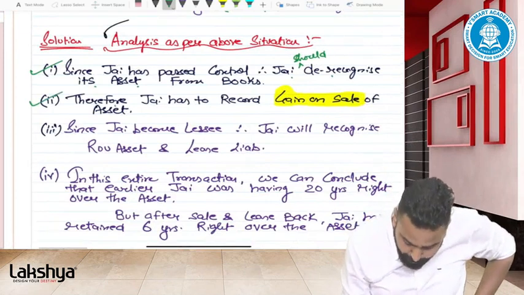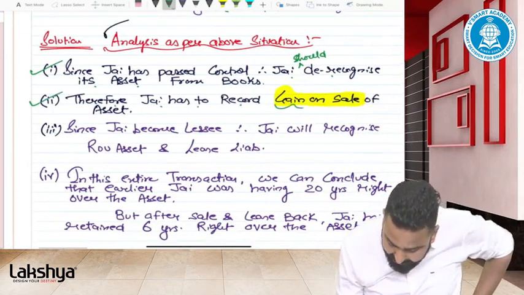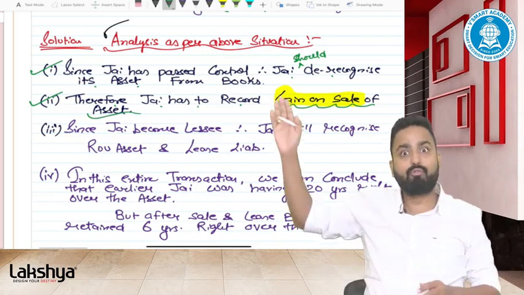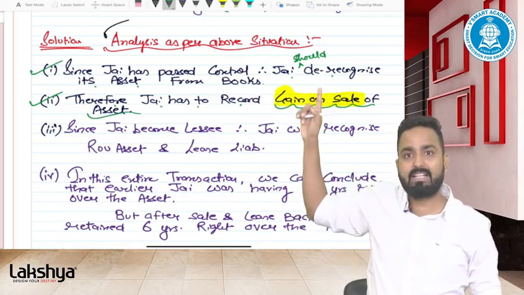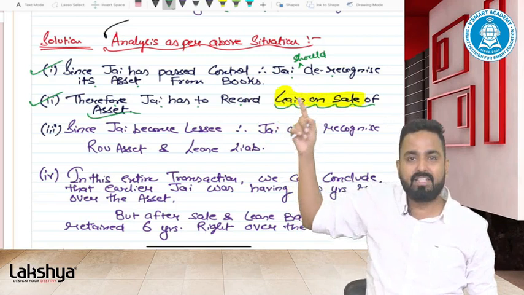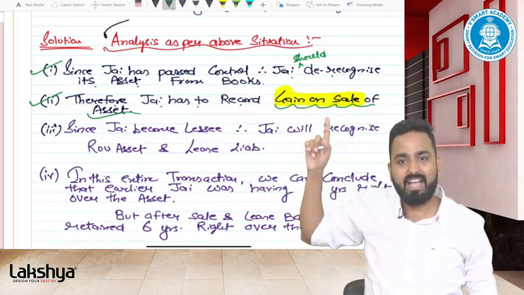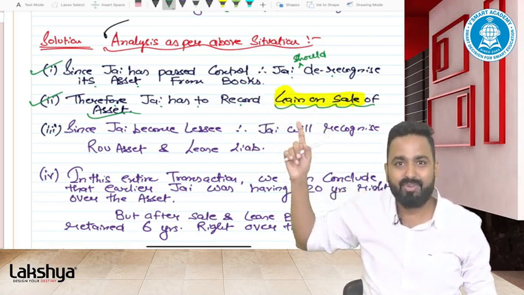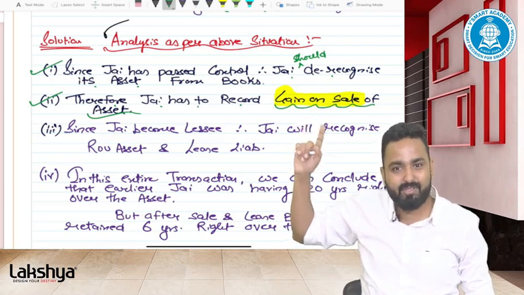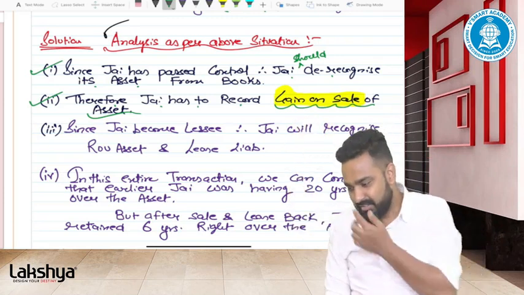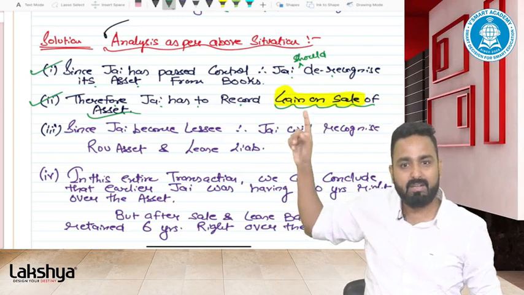Next, therefore, Jay has to record gain on sale of asset. Of course, if I am going to de-recognize the asset, if I am going to pass the sale entry of the asset, I have to book the gain also. Second point.